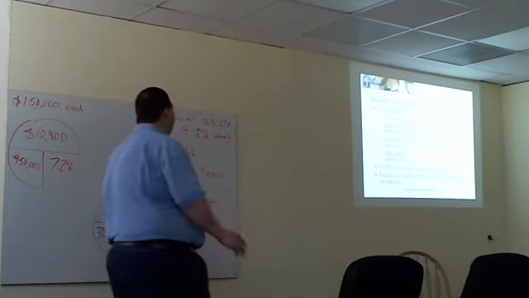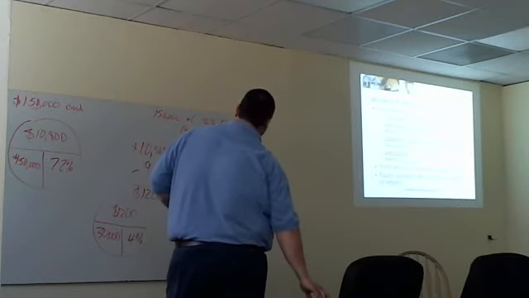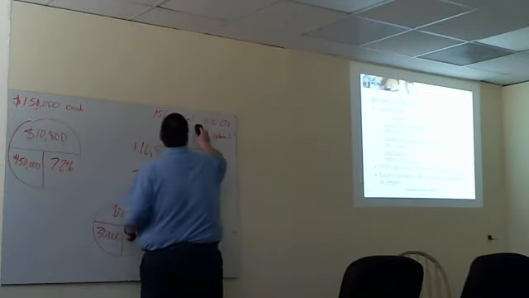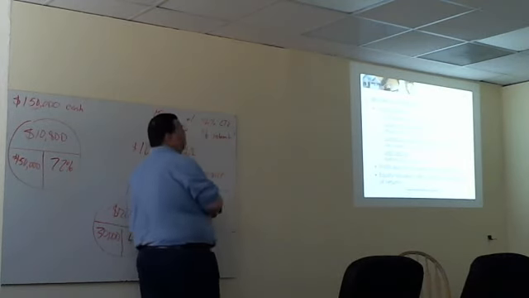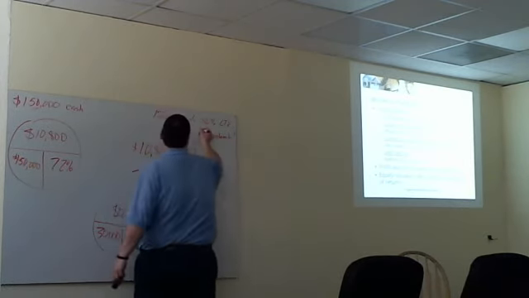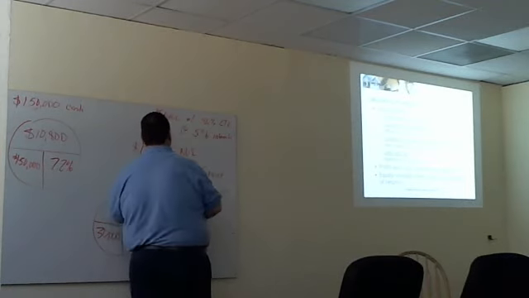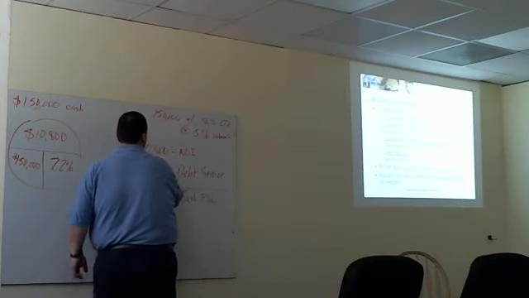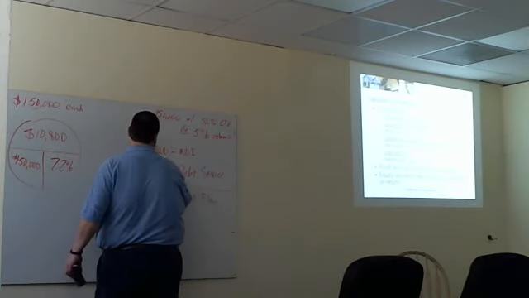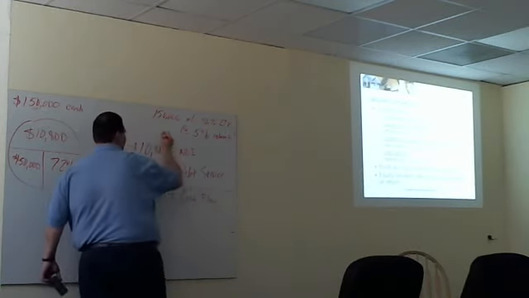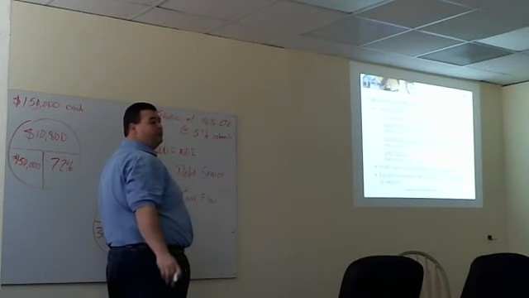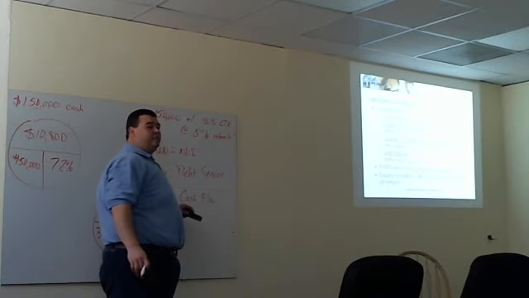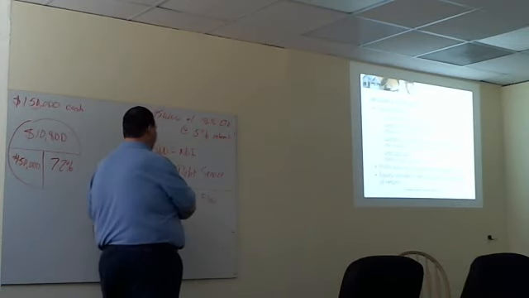Let me show you how a little adjustment would change this. Let's say instead of this ridiculous 8%, we get a more reasonable 5% interest rate. 5% would be $6,000 on 120.